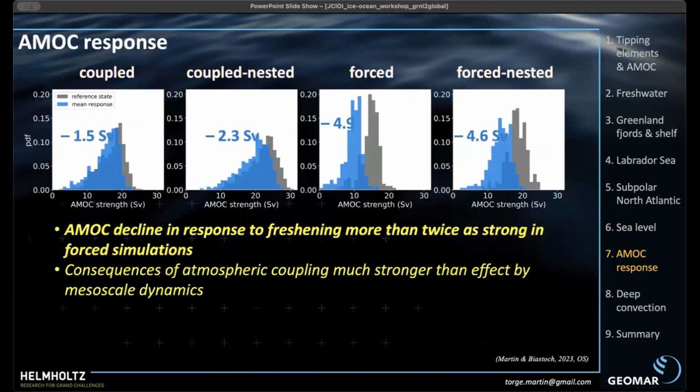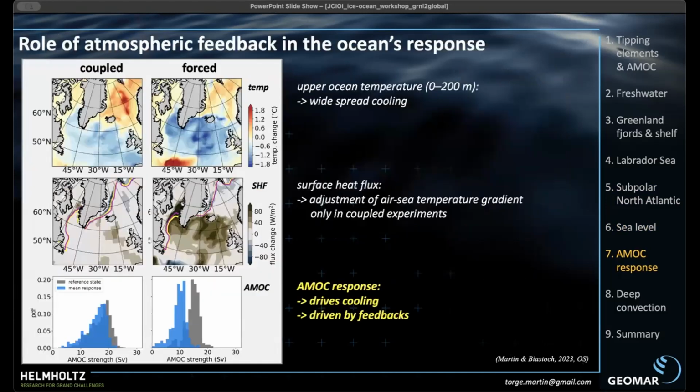And I jump over and show you that the coupled simulations show much less AMOC decline, 1.5 to 2 Sverdrups less decline compared to the ocean-only forced experiments. So we asked ourselves, what is the reason that these 2 different model types, both used to estimate the impact of Greenland melting, respond so differently?